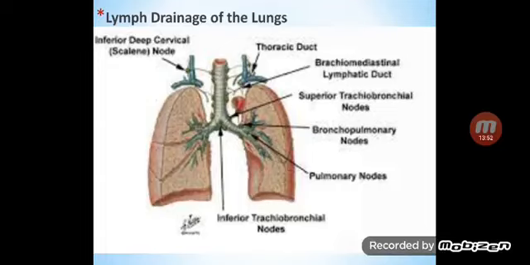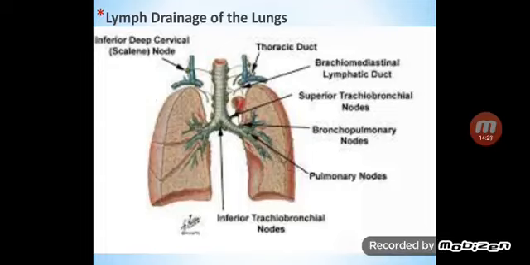What about the deep plexus? The deep plexus runs through the bronchi and pulmonary vessels inside the lung tissue, inside the parenchyma. Along the bronchi and pulmonary vessels are distributed many pulmonary lymph nodes.